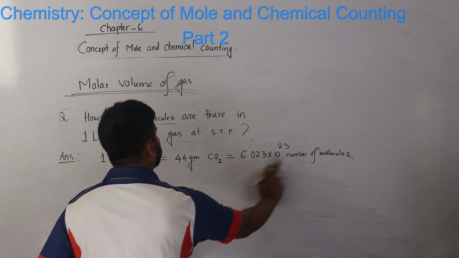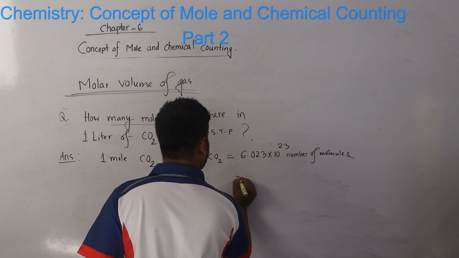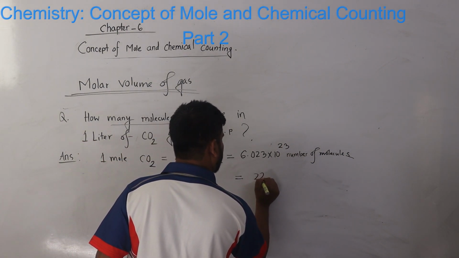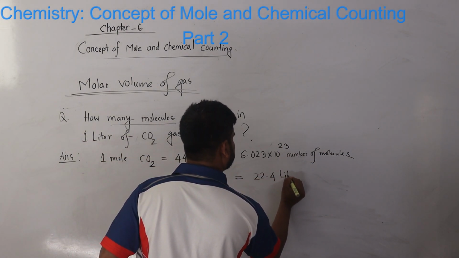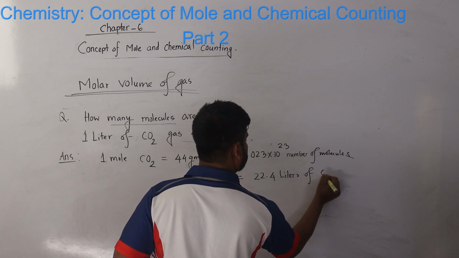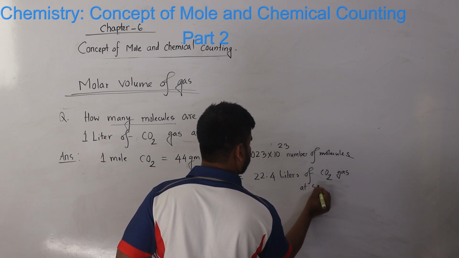So this is the Avogadro number, and remember the volume of 1 mole gas is 22.4 liters of carbon dioxide gas at STP.